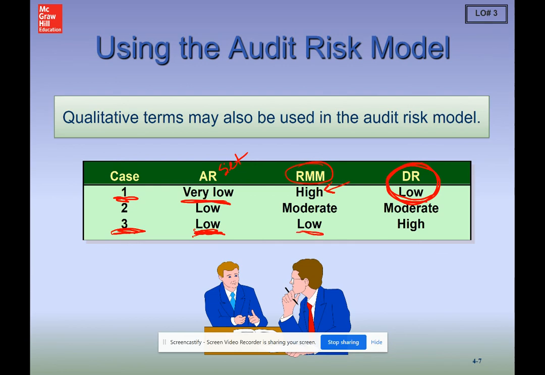Risk of material misstatement is also low, so there's a low risk of misstatement to begin with. Therefore, detection risk can be high, meaning we can do less work because there is a low chance of us not detecting a problem if it did exist.